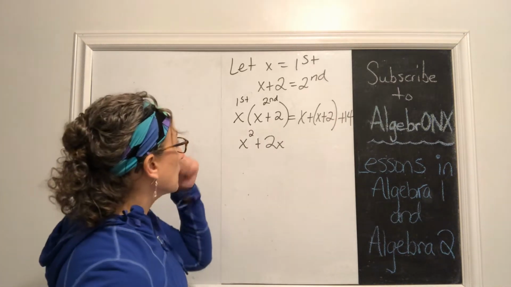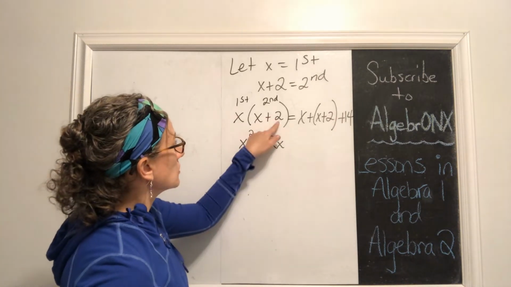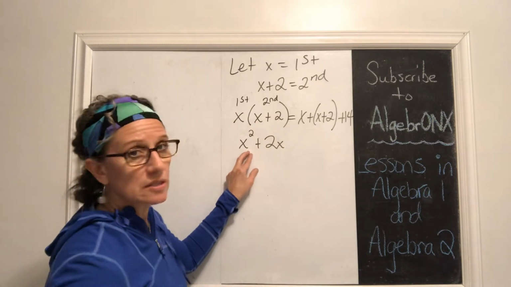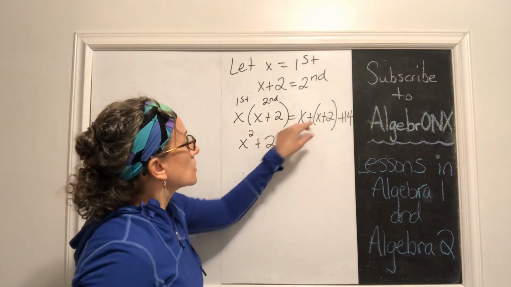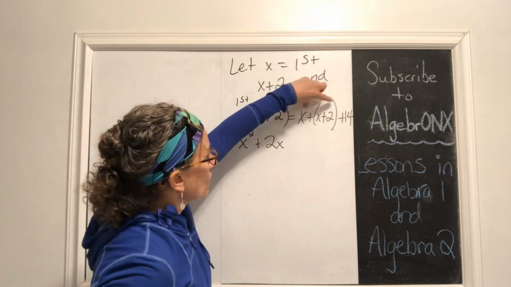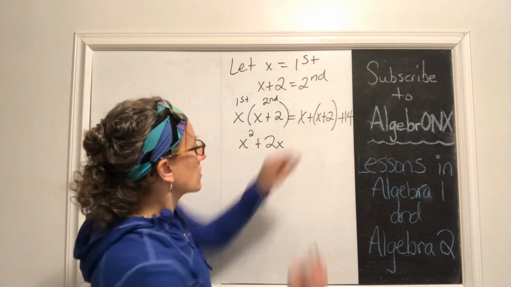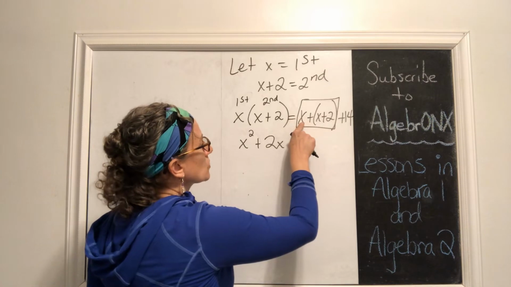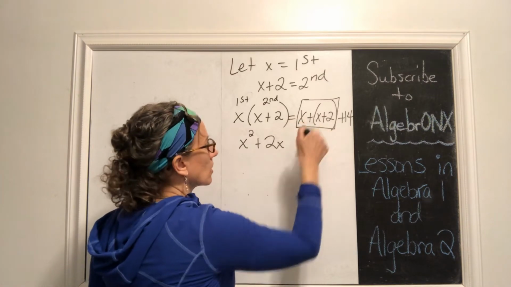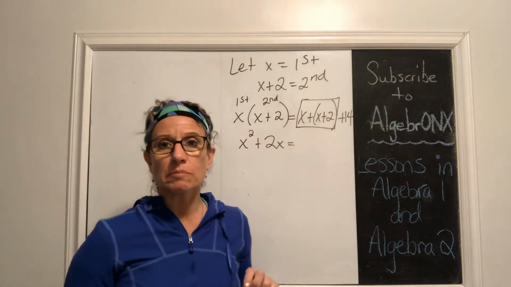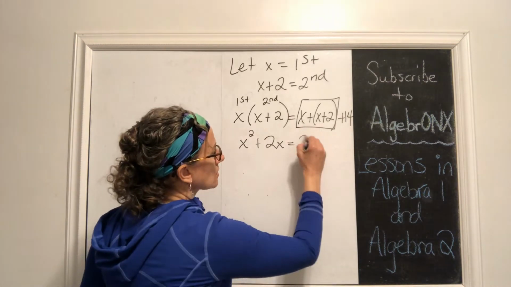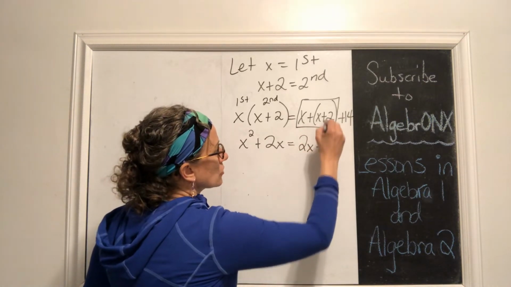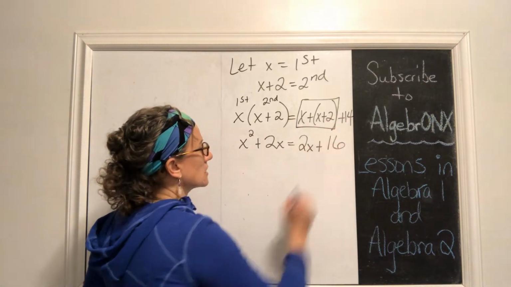So x times x plus 2 represents the product of two consecutive evens, is 14 more than what? Than their sum. The sum is this first one plus the second one. And when I simplify that, I get x plus x is 2x, and 2 plus 14 is 16.